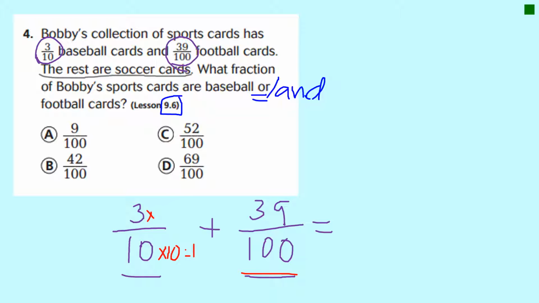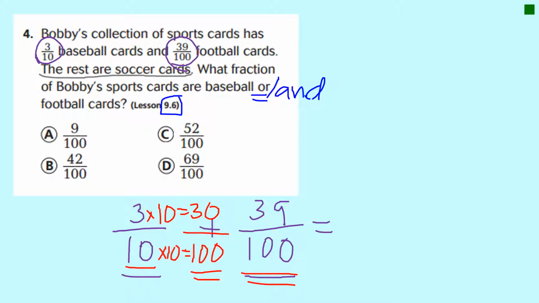What's 10 times 10? 100. You remember this lesson, don't you? 3 times 10, 30. Okay, so 3/10 and 30/100, those are equivalent fractions. So now we can add because we have 2 fractions with 100 in the denominator.